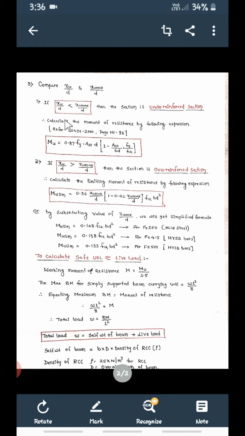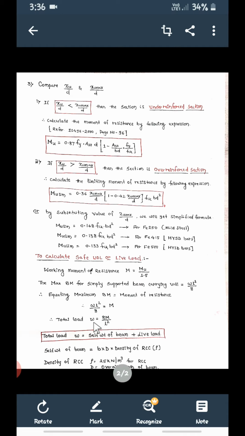Once we calculate Mu or Mu limit, divide this value by 1.5, you are going to get M. Then if it is a simply supported beam subjected to UDL, bending moment will be small wL square by 8. Equate these two, then calculate small w first.